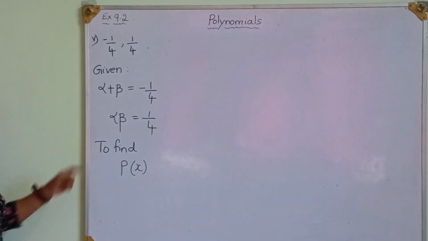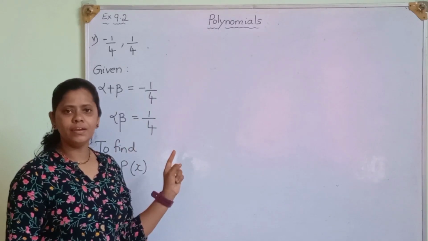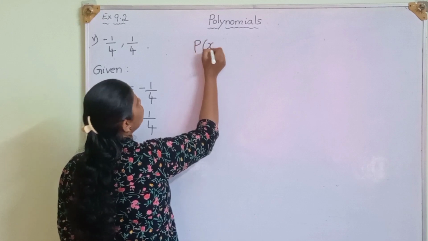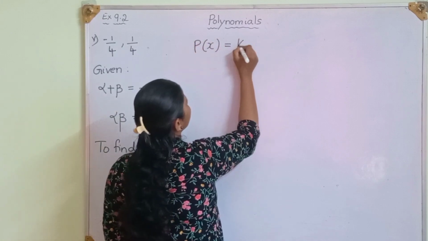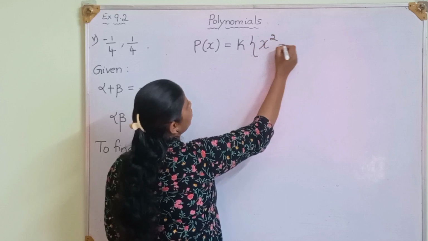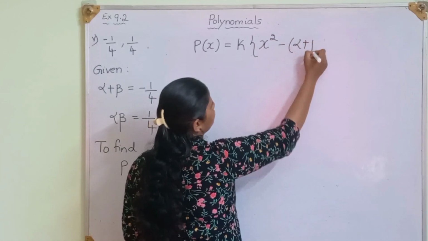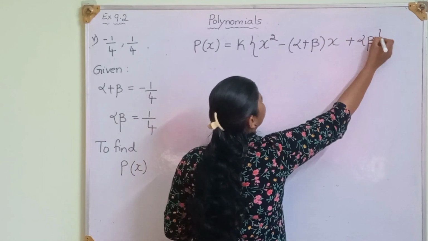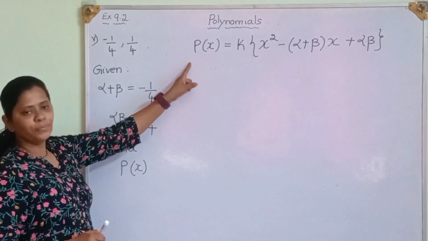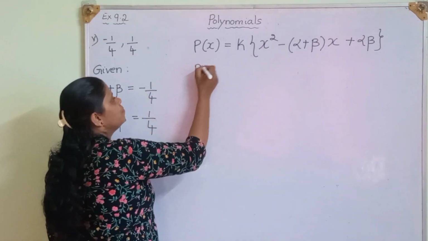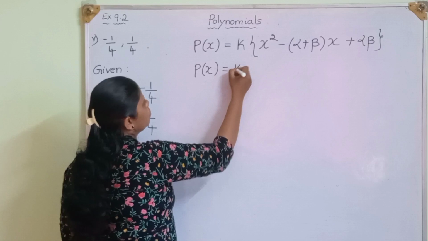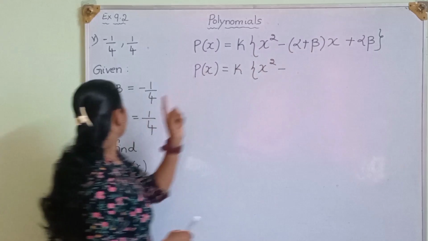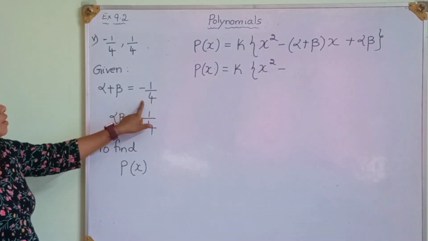Right? When the zeros of the polynomial are given, the polynomial can be written in the form of P of x is equal to k into x square minus alpha plus beta into x plus alpha into beta. Now, P of x is equal to k into x square minus alpha plus beta, that is given, minus 1 by 4.